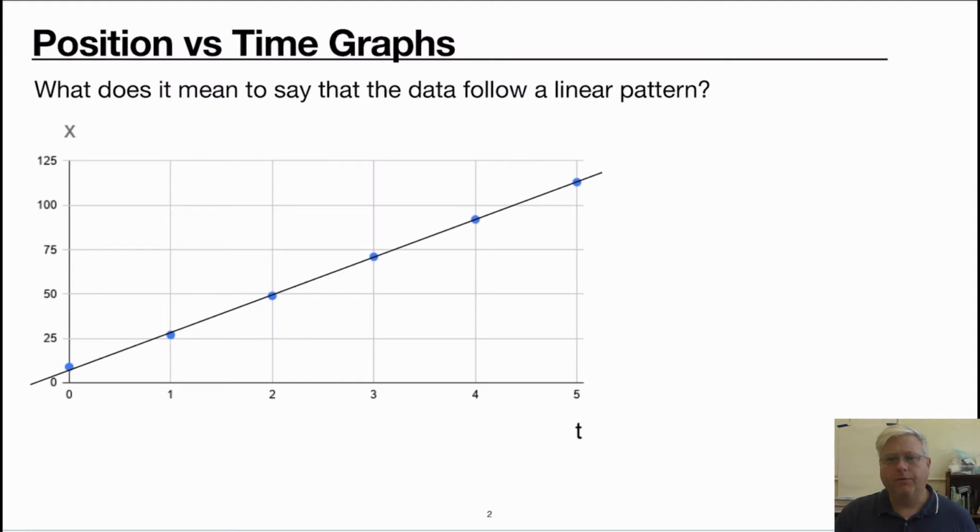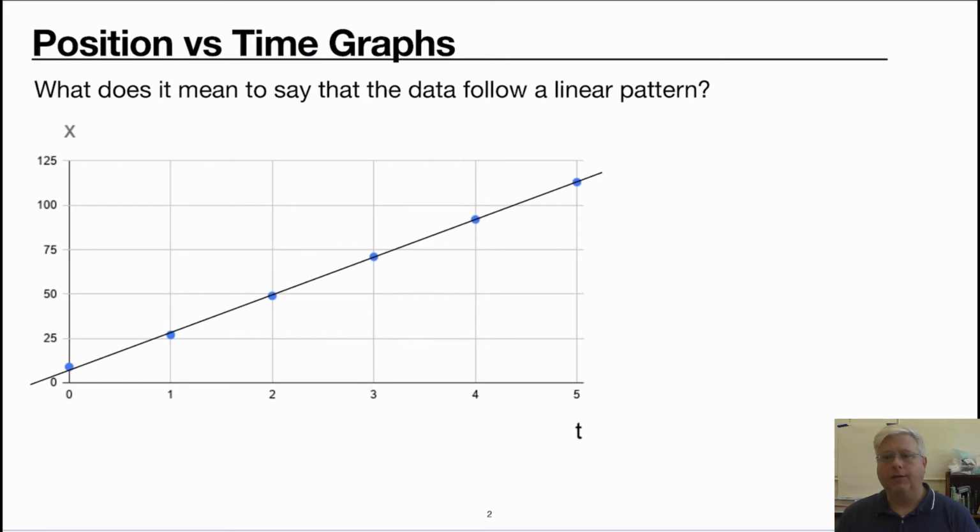From this graph, we can say that Daisy's displacement is nearly the same for each time interval. Between 1 second and 2 seconds, if we looked at the table that we made, we saw that Daisy moved 22 centimeters. And then between 2 and 3, Daisy also moved 22 centimeters.